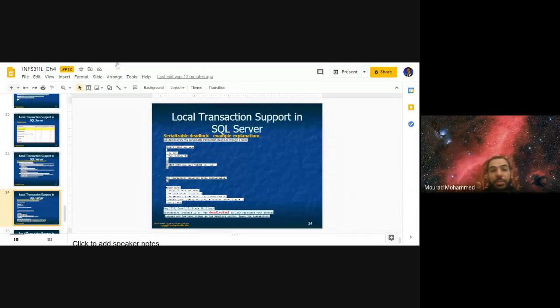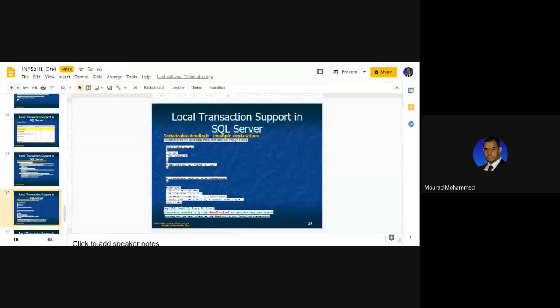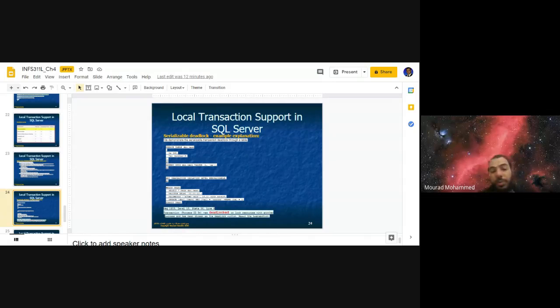What is the solution? We have to talk about not serialization, but isolation level. This isolation level has to be decided by either the developer or the environment, or there is a scenario in which we choose the isolation.